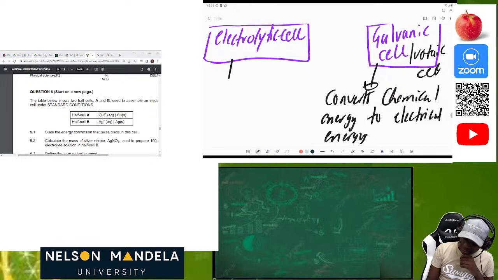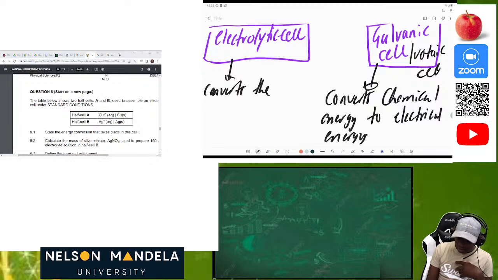What is an electrolytic cell? The electrolytic cell is a cell which converts the electrical energy into chemical energy. Let me just write this as well.